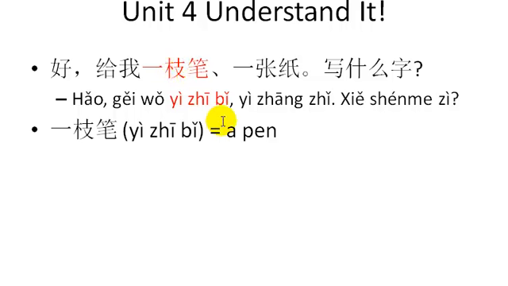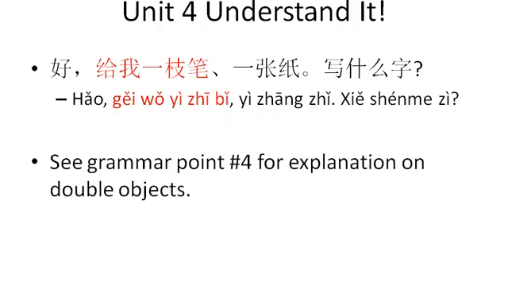So 笔 means pen, and 支 is just the measure word. 一, this should be first tone. 一支笔 just means a pen. Now we have 给我一支笔. This is just give me a pen.